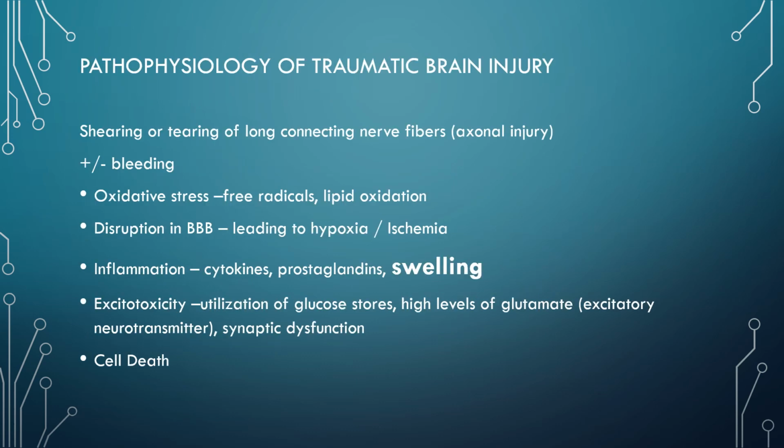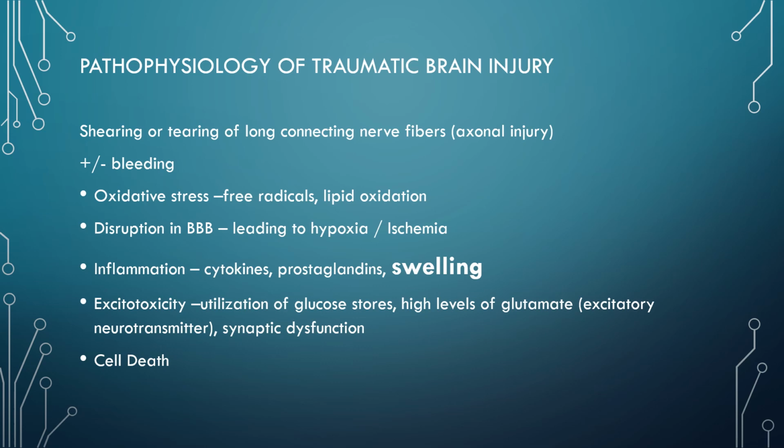What's happening inside the brain at the time of these injuries, you have what we call a shearing or tearing of the long connective nerve fibers within the brain where impulses would normally travel. When they're broken or frayed, those neuronal messages can't travel across the nerve fibers. You could have bleeding or not, but anytime there's damage there, you are at risk of oxidative stress.